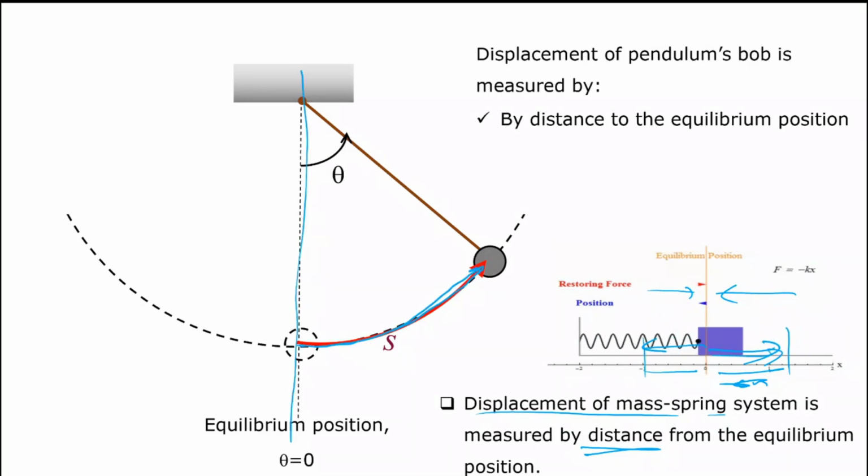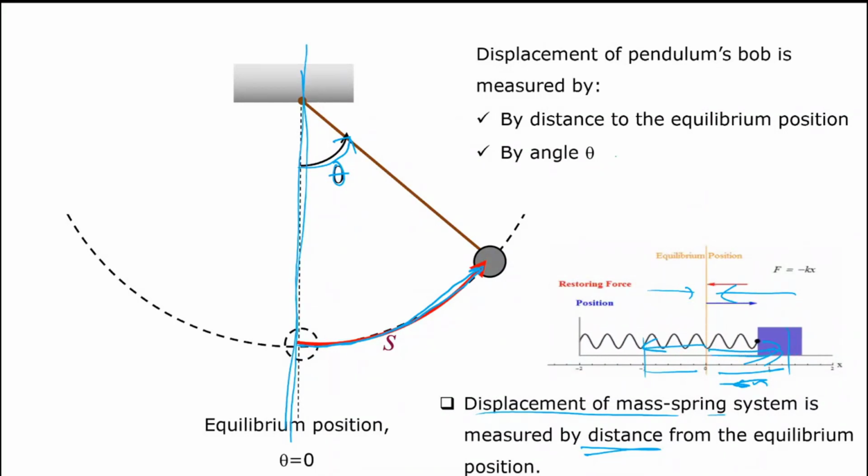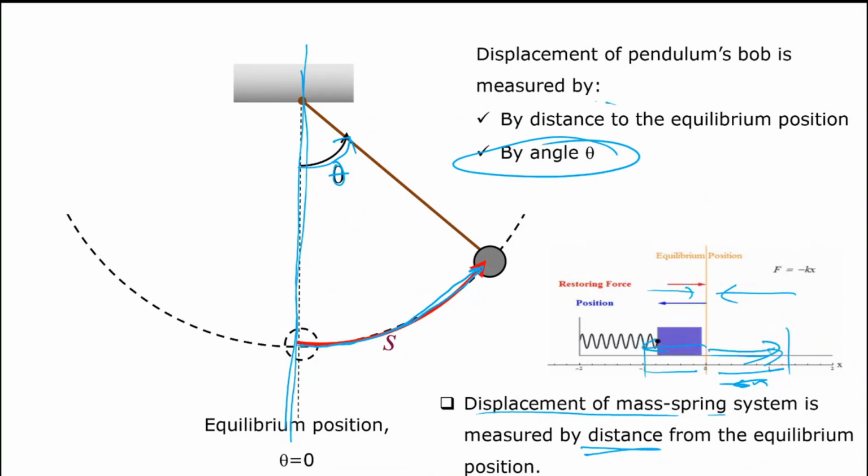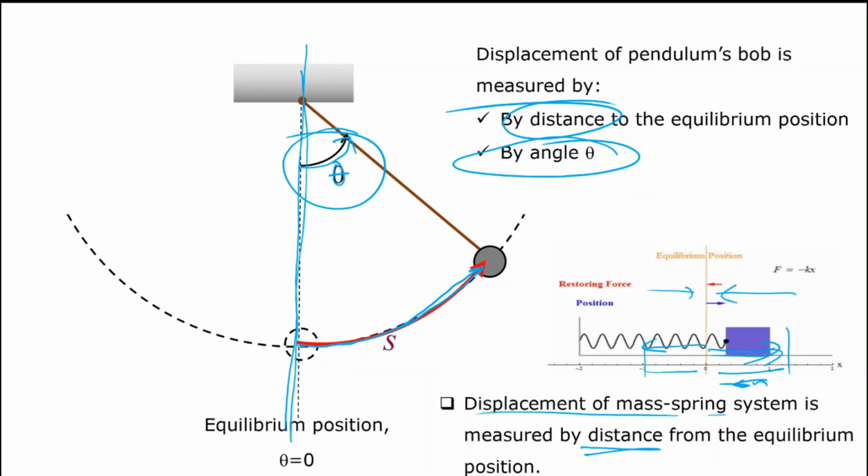This is the equilibrium position, but mostly displacement of the simple pendulum is expressed by angle, theta. This angle represents the displacement of the simple pendulum from equilibrium position. Most of the books write this one, but your book also added distance. Yes, it is correct to some extent, but we always prefer to use angle as displacement for the pendulum's bob.